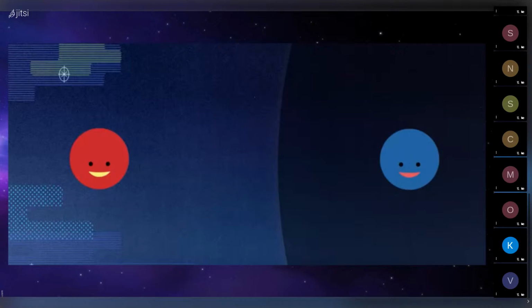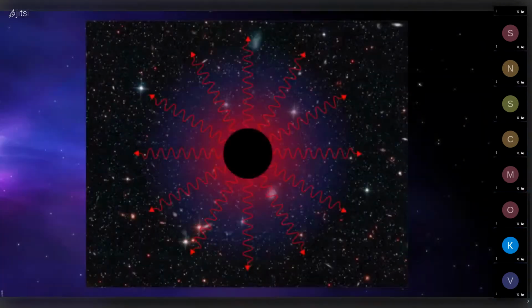Thus, if these virtual particles get trapped in a black hole, then to compensate their energy, the black hole radiates Hawking radiation into the universe. So this radiation is responsible for the non-zero temperature of black holes, isn't it?